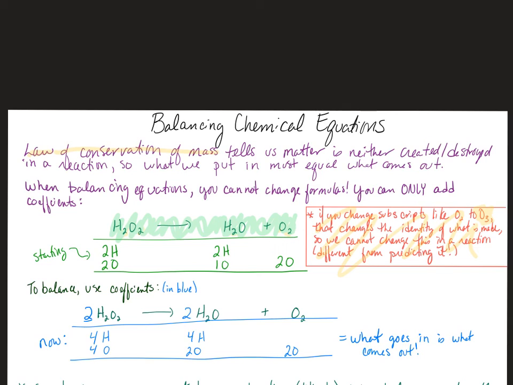To begin this type of balancing, I like to take account of what I have on each side. Here I know that I have 2 hydrogen because there's that number 2, and so I'll put that in my little accounting down here. Same thing with oxygen: I have 2 oxygen and I put that in my accounting down here.